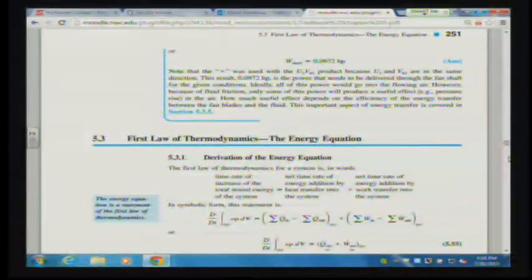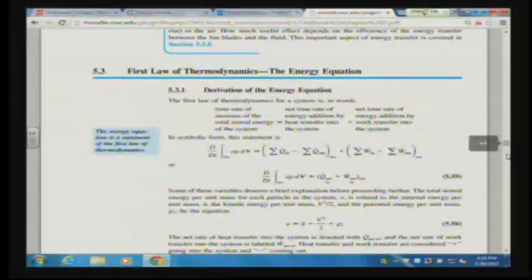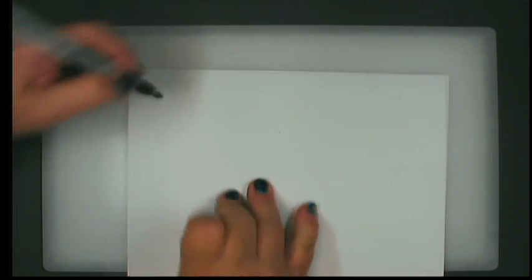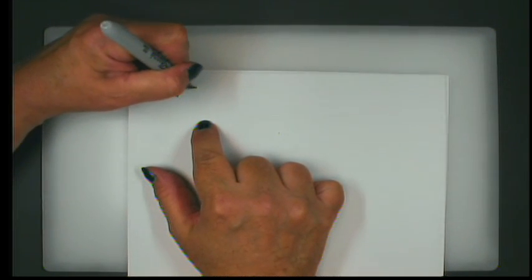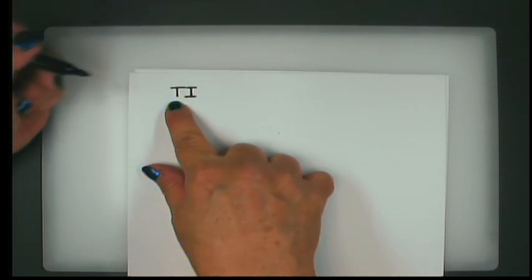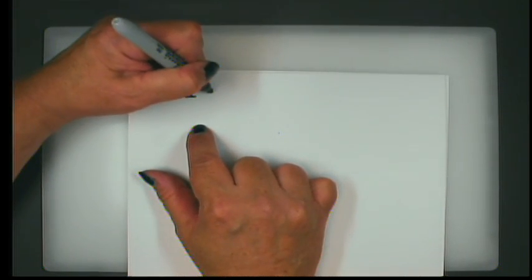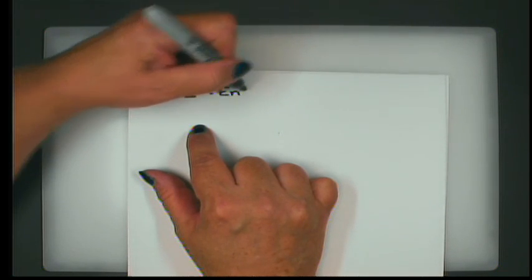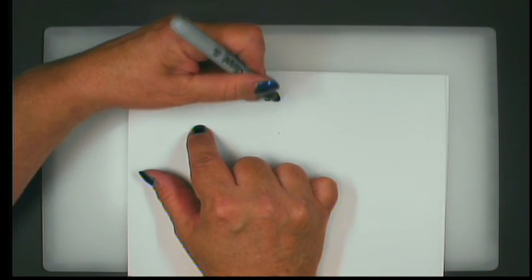In your textbook here on page 251, you see that we have the first law of thermodynamics. And for those of you who have not ever seen it before, which I think most of you probably have, the first law of thermodynamics states that energy in all of its forms is conserved.